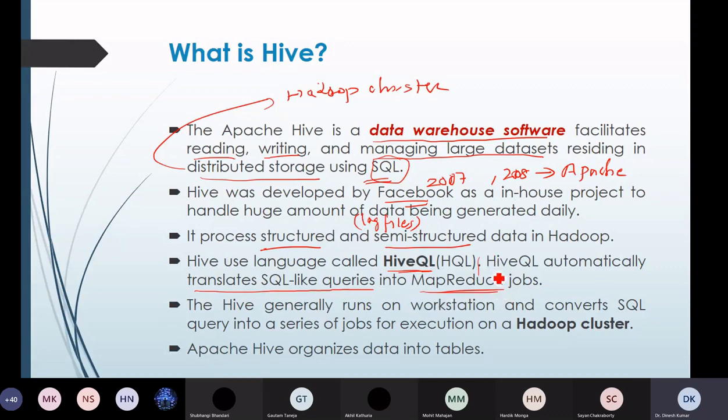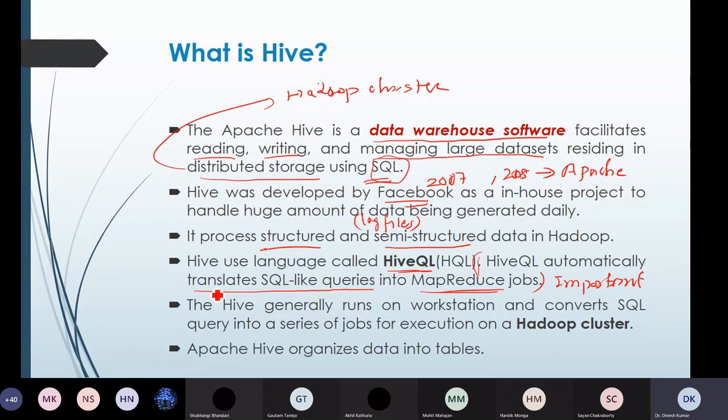This is the most important feature: HiveQL, the Hive query language, automatically translates the SQL query given by the user into MapReduce, so that the complexity of writing complex code for map and reduce tasks can be removed.